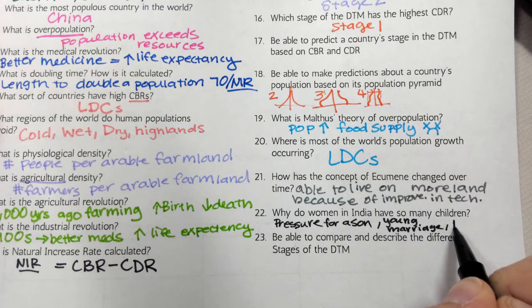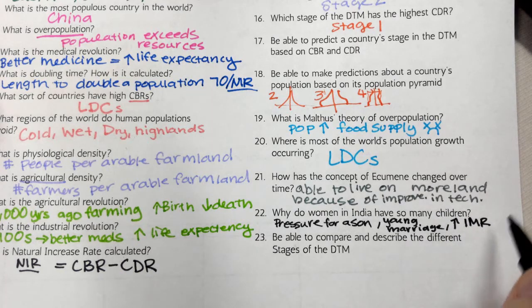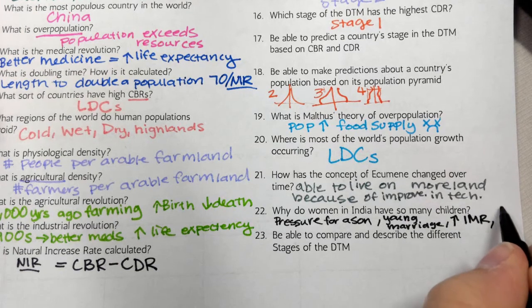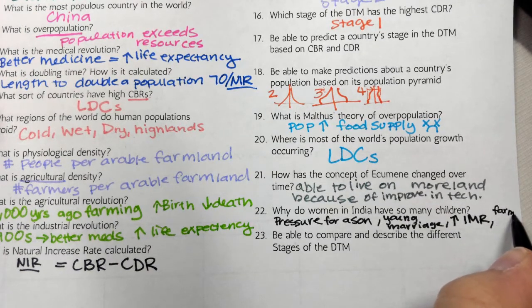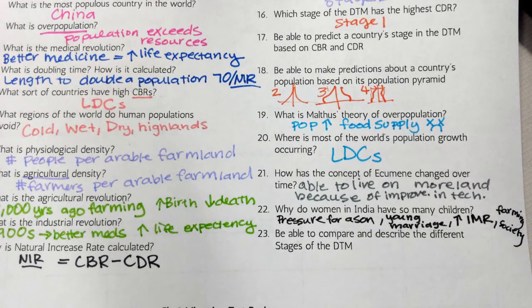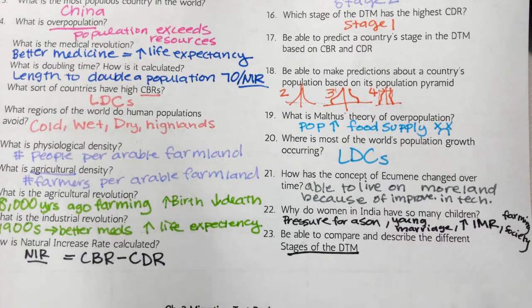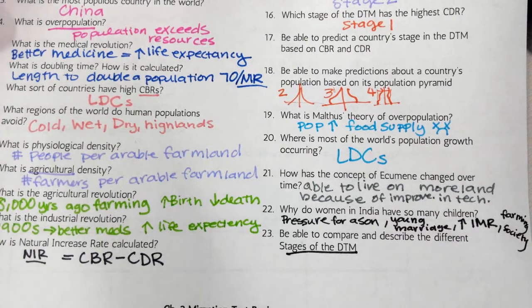High infant mortality rates. They have an issue with high infant mortality rates, and they're primarily a farming or agrarian society, so your children could work on the farm. And you also need to be able to compare and describe different stages of the DTM. That's something else you'll have to do for your test.